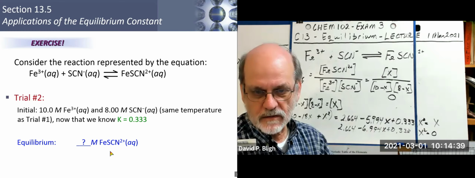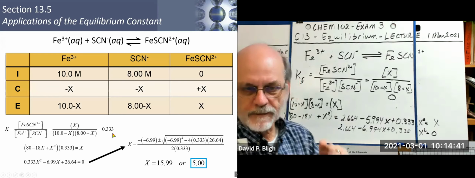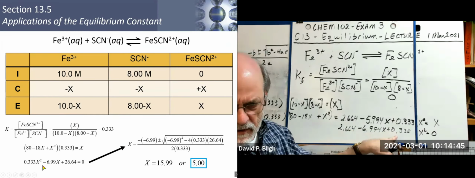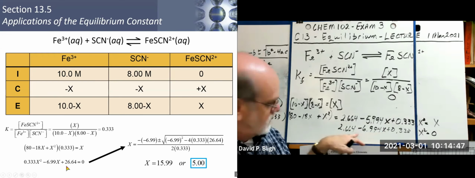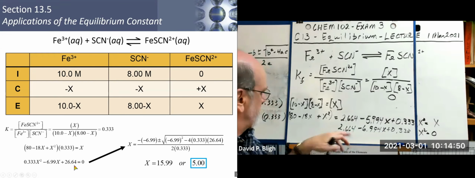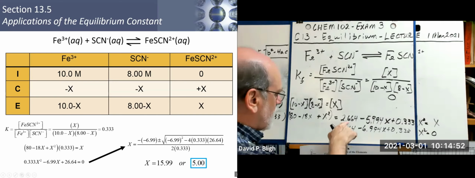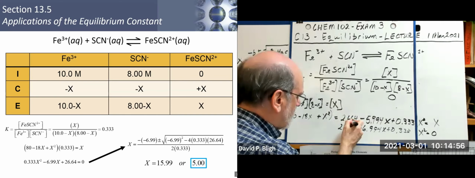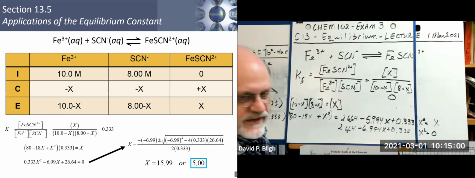So let's go over here. Let's see. Here we go. So let's see. Did I get all my right terms? There. Oh, I messed up. Here. It's 26.64.